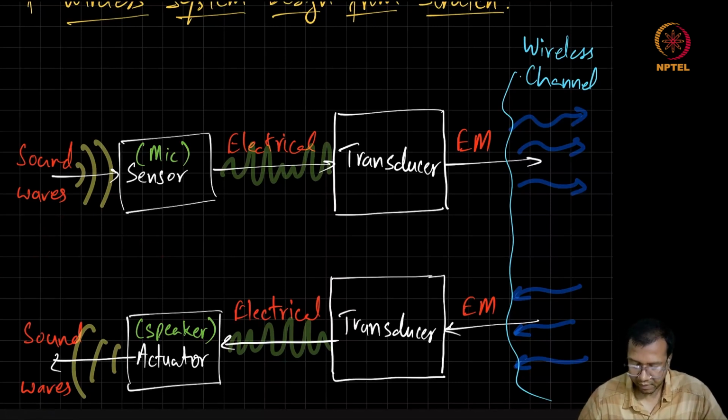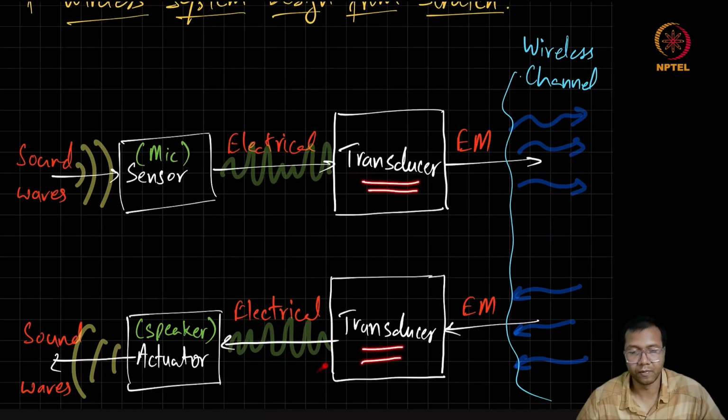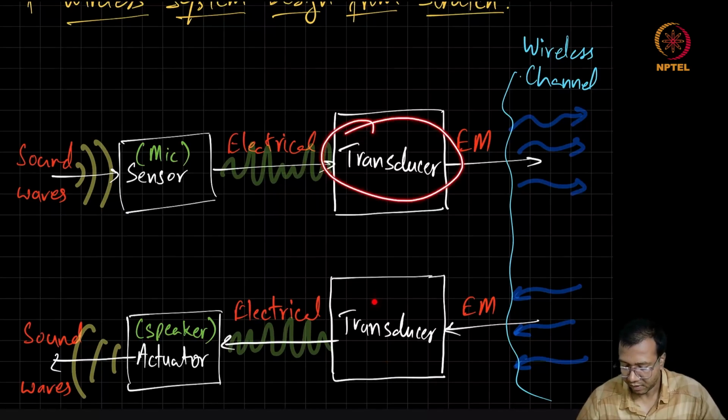Now let us dive a little bit more deeper into the system. And the first block which we see, which is acting like a black box for us right now, is this transducer. Okay, so let us try to get some idea about what this transducer is and what may be the design specification and properties, so that accordingly we can optimize our system design.